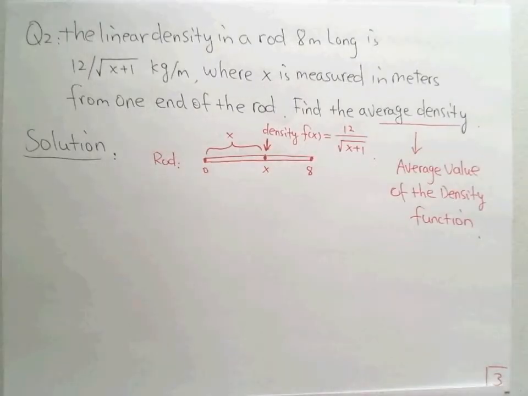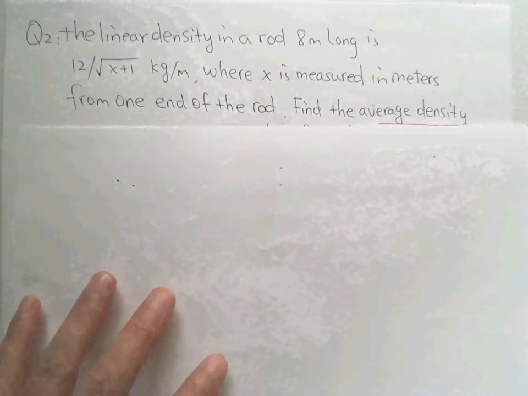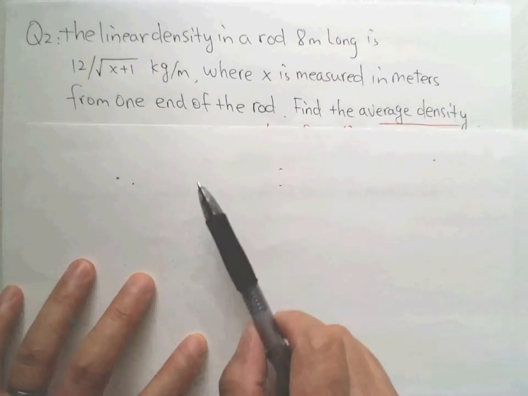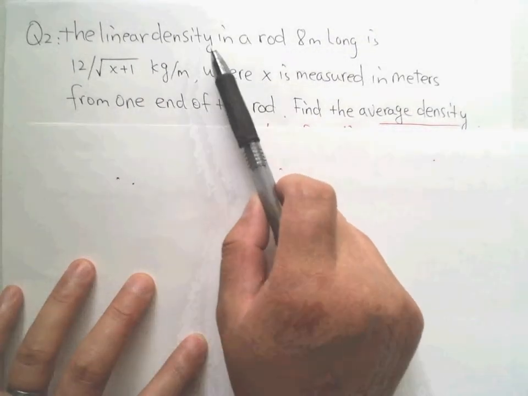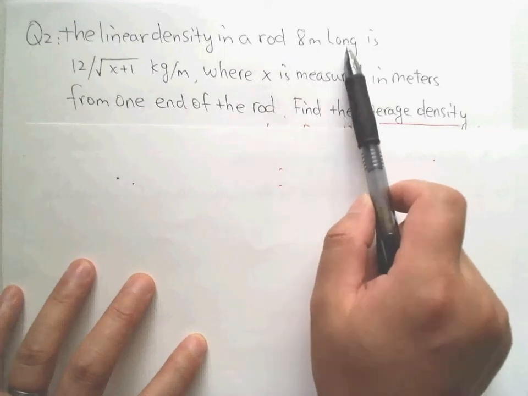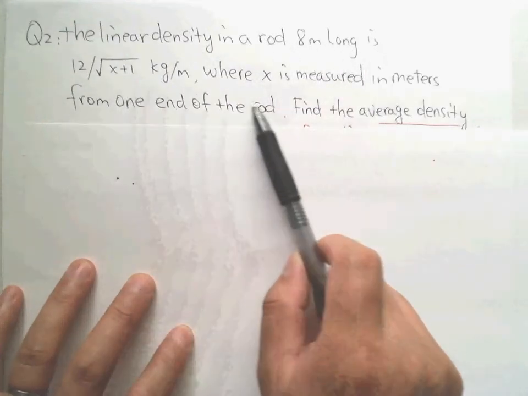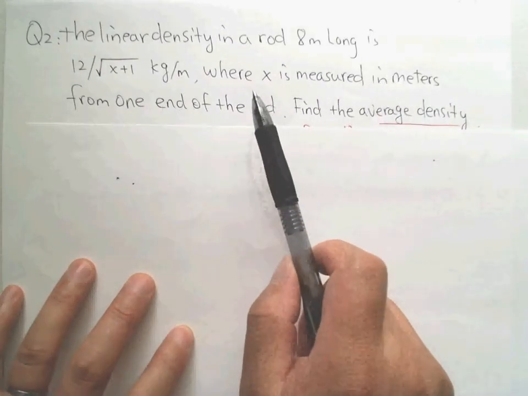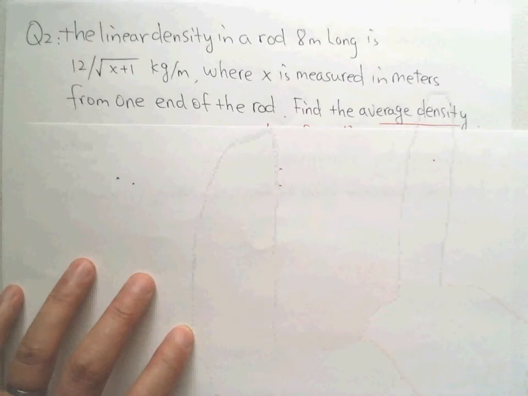Okay, look at this question. If we have a linear density in a rod that is a meter long, and the density function is here, where x is measured in meters from one end of the rod, now find the average density.